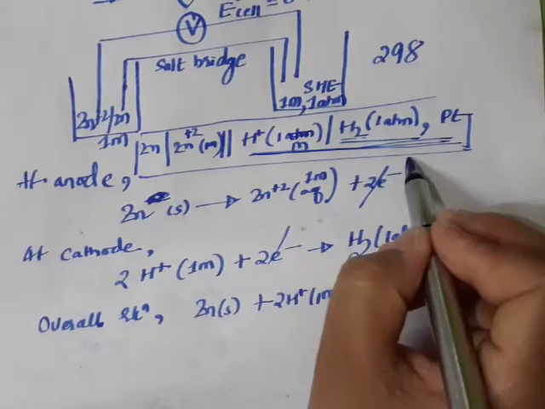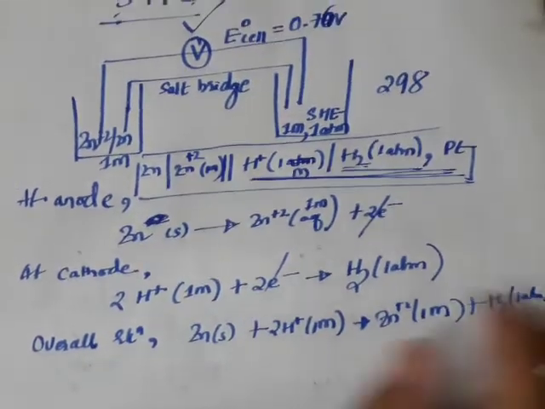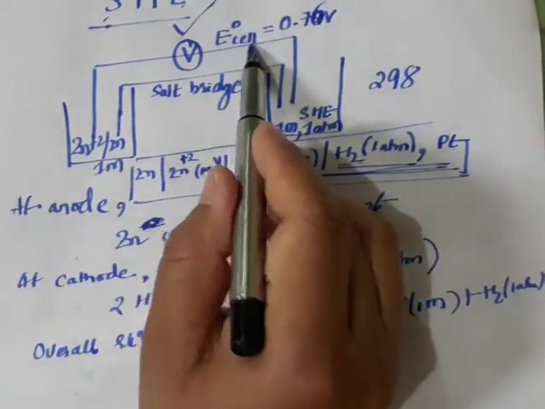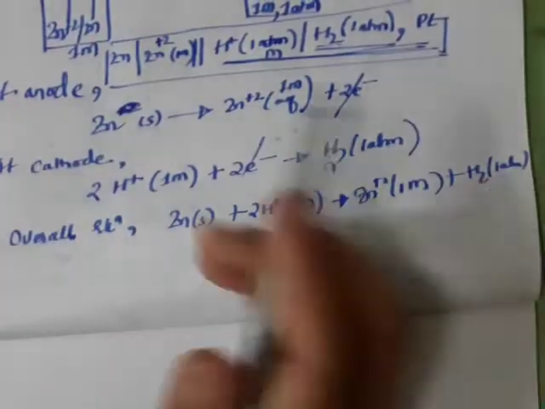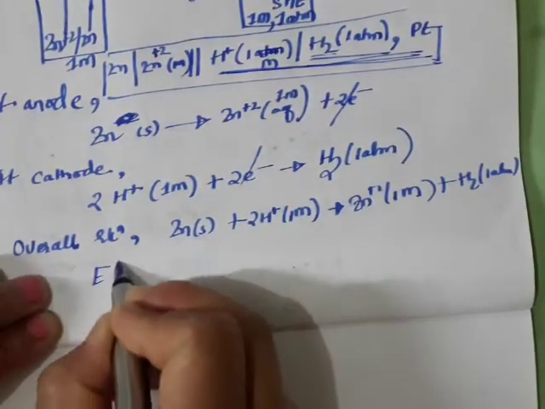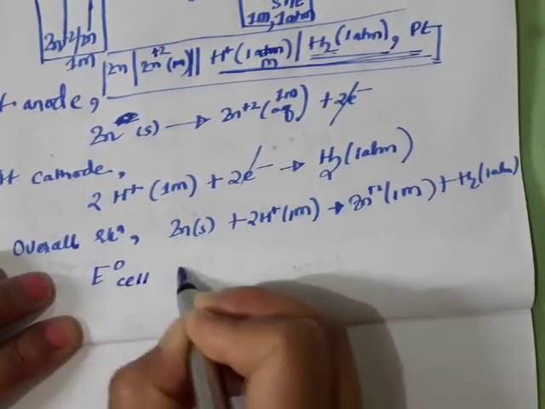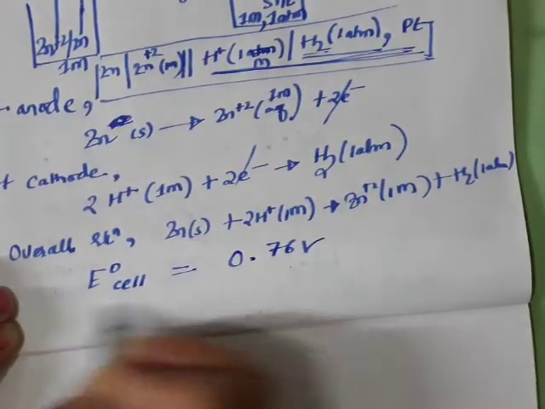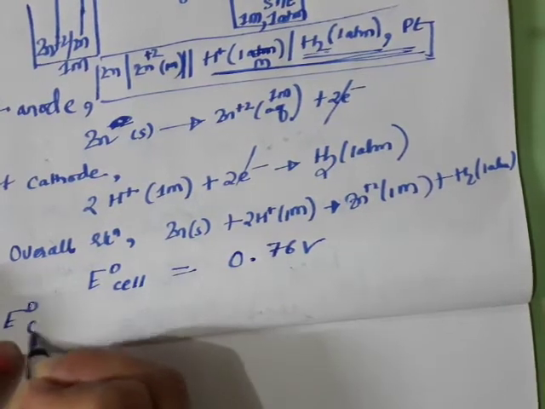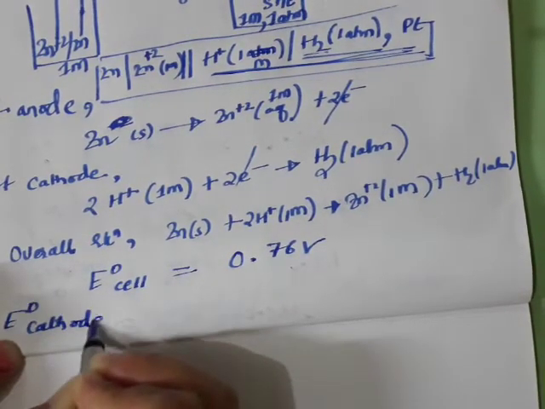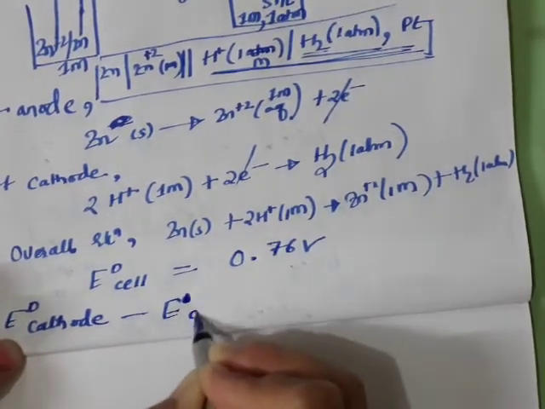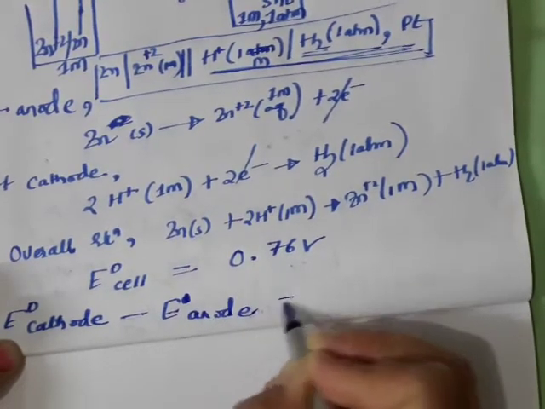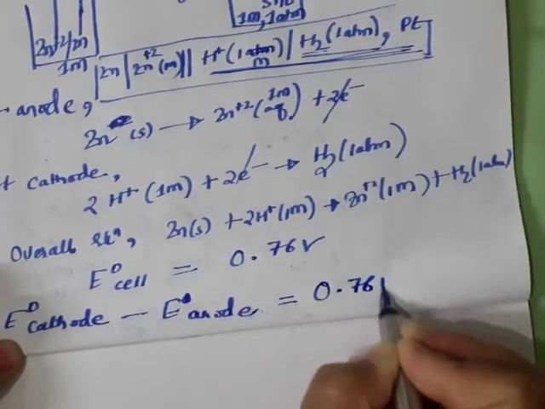Now the measured value of E naught cell is found to be 0.76 volt. What is E cell? It is E naught cathode minus E naught anode, and this is equal to 0.76 volt.